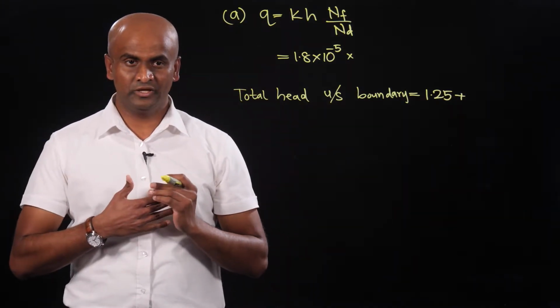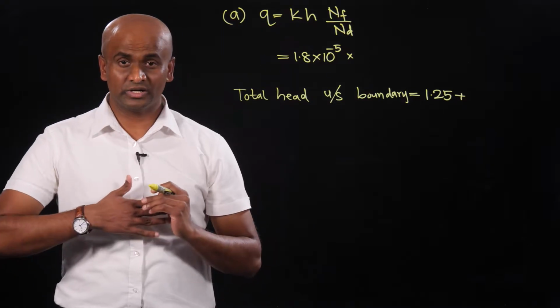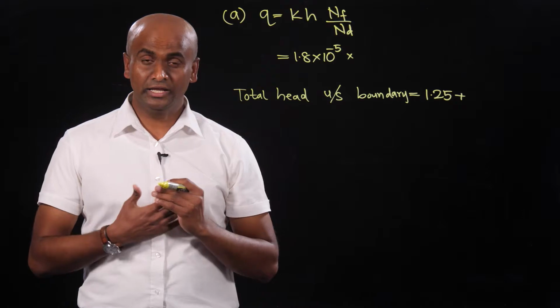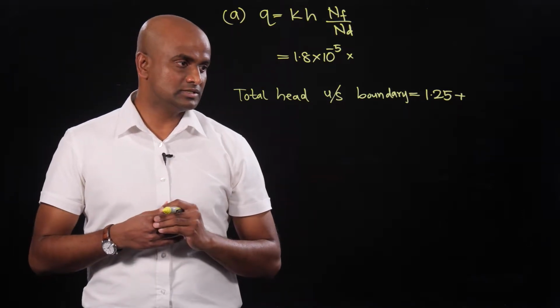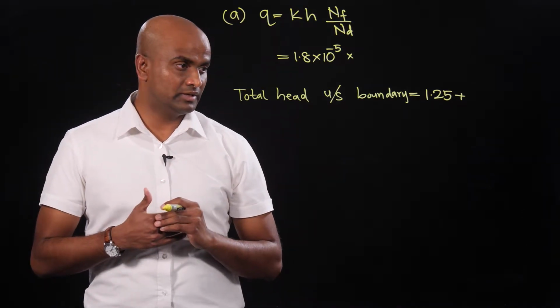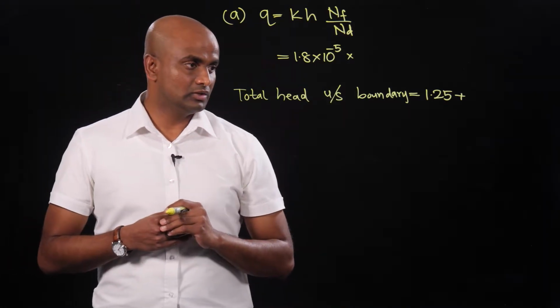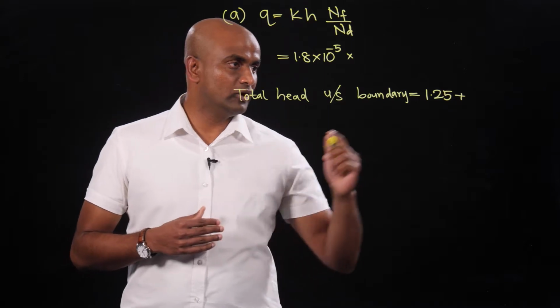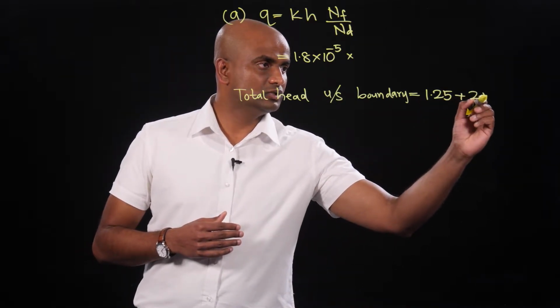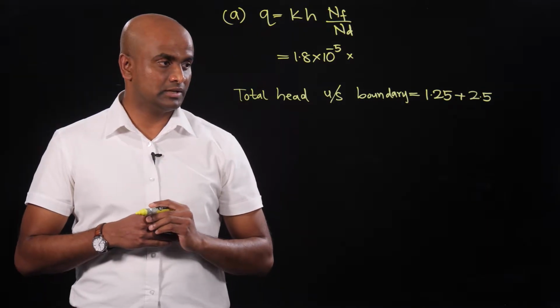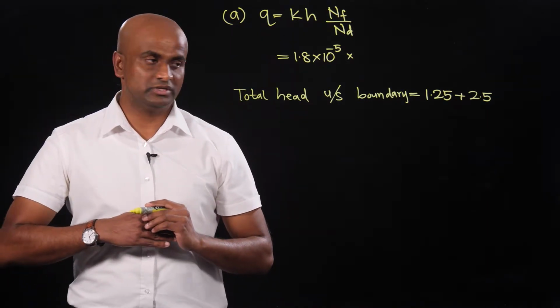Elevation head we measure from a reference level, which we call the datum. The datum can be considered at any horizontal level. If you consider the datum level as the level at the excavation base, you have a 2.5 meter elevation head at the upstream boundary. So I took the datum as the excavation base.